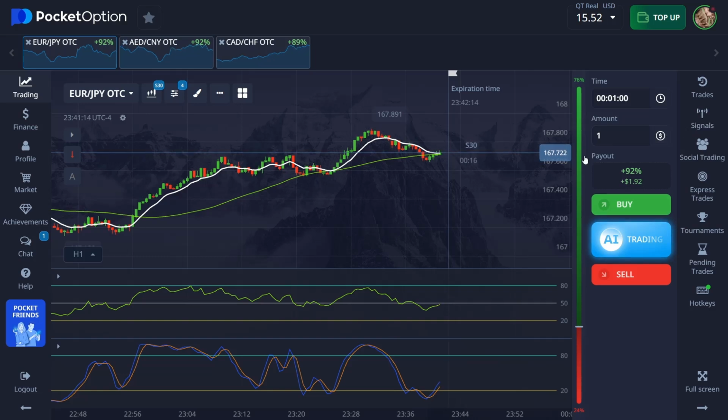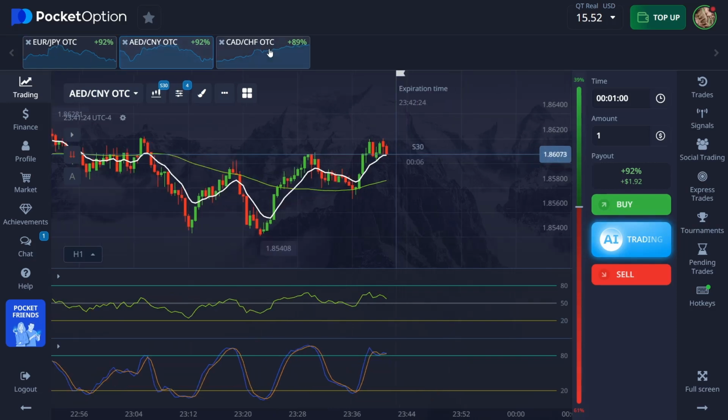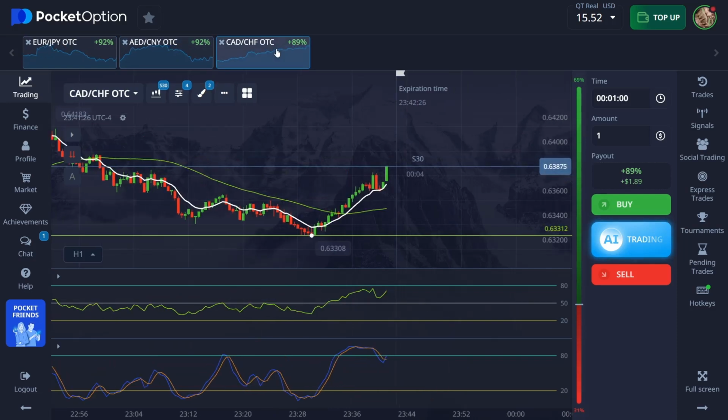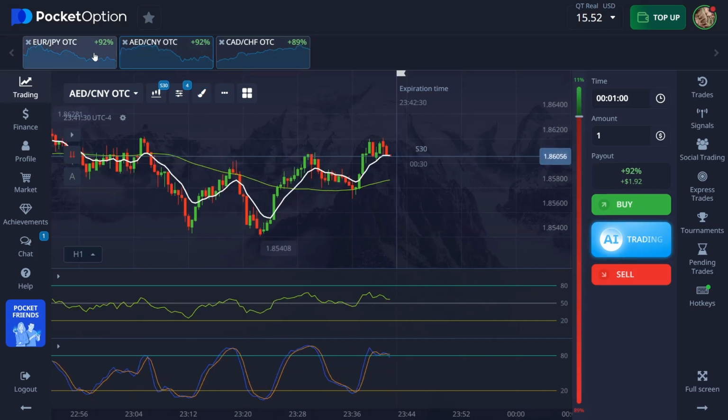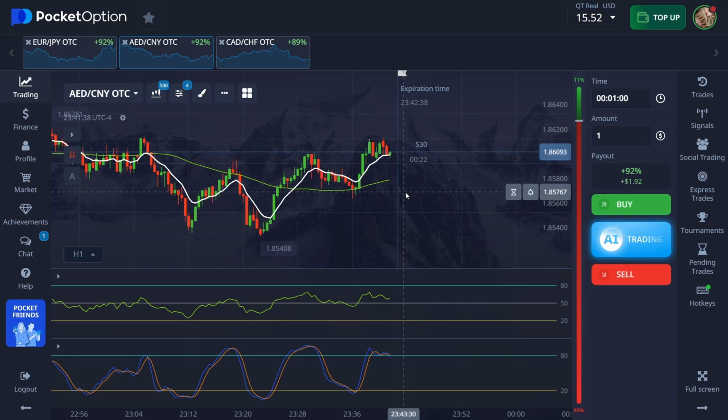As you can see, we are using OTC because it's now 11:41 p.m. Eastern Standard Time. So the market is closed. London session is closed. New York session is closed. I believe the only session currently open is the Tokyo session, in which most traders do not trade because there's not that much volatility.